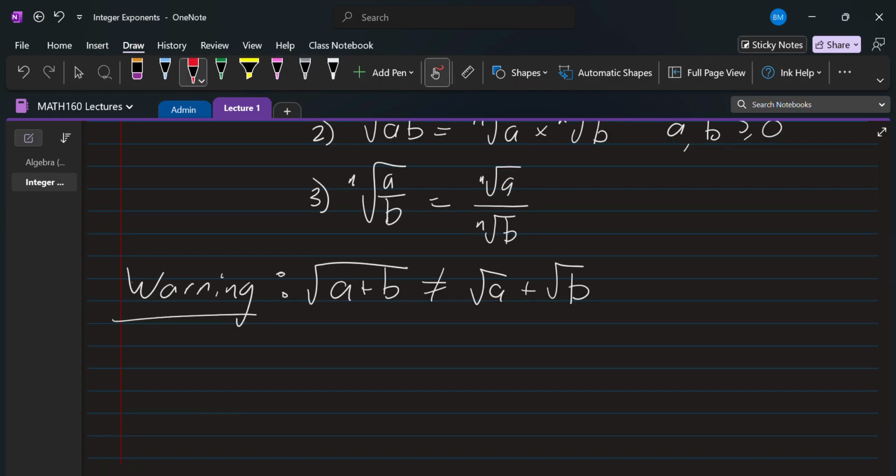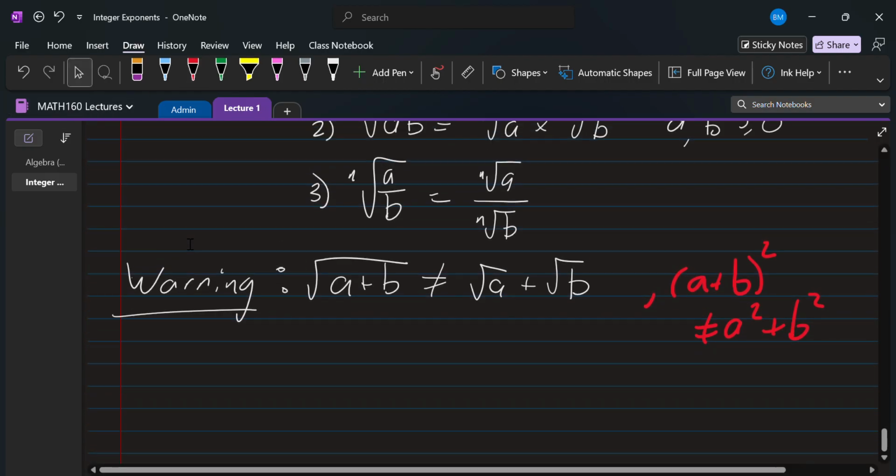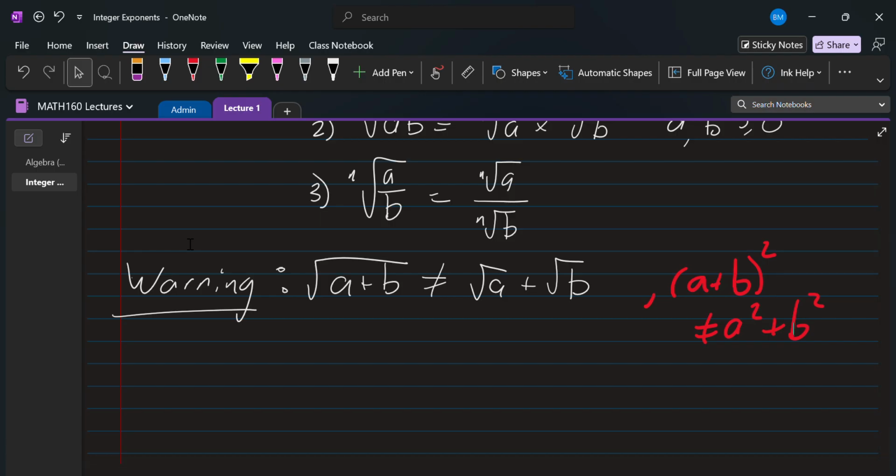Okay, and then just another warning on this. Remember the warning that a plus b, all of that squared, is not a squared plus b squared. We have a similar thing in this case. The root of a plus b is certainly not root a plus root b. Again, if I see this in your working, I'm going to skip and carry on marking from there.